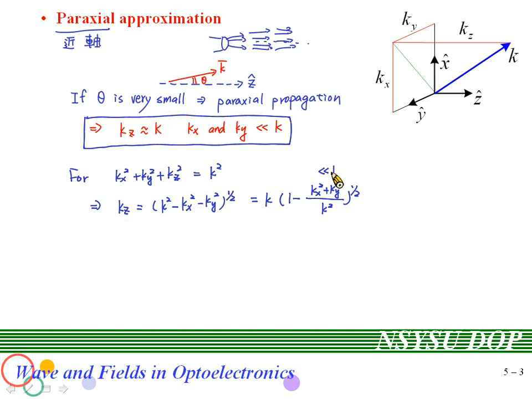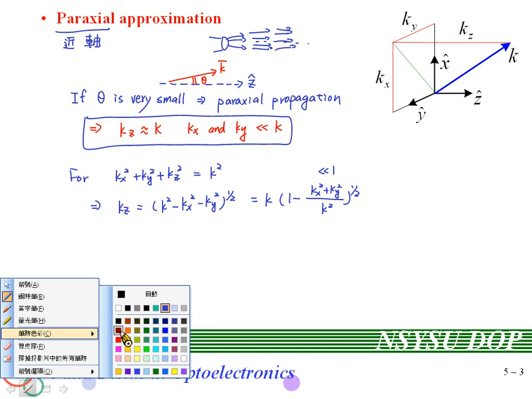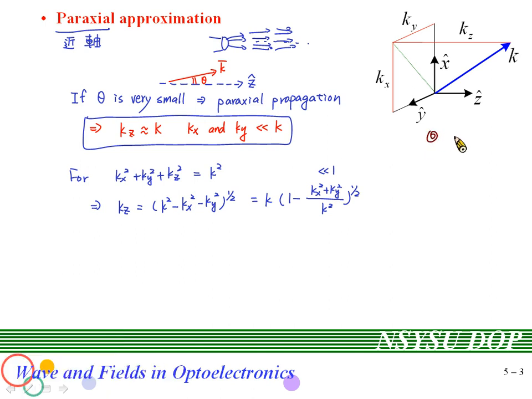And we have learned that if you have 1 plus x to the order of n, and x is very small compared to 1, then this term can be approximated as 1 plus n times x.